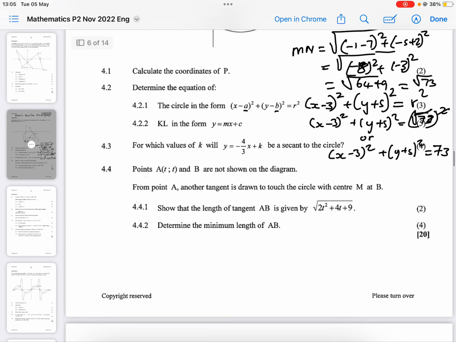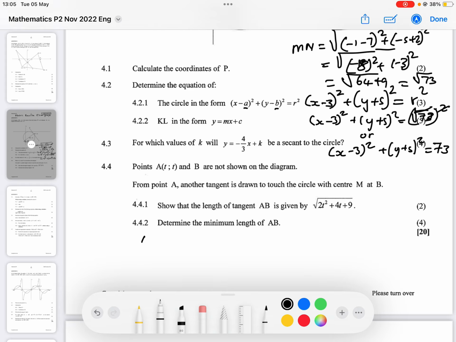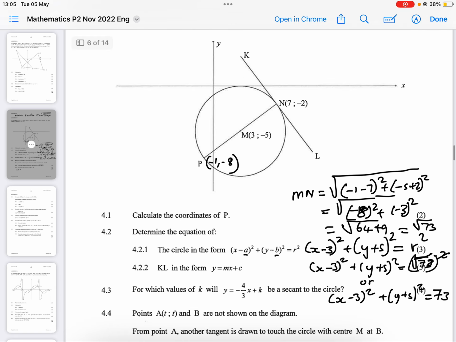The next question, 4.2.2, says determine KL in the form y equals, the equation of KL. Now look at KL. KL is here.